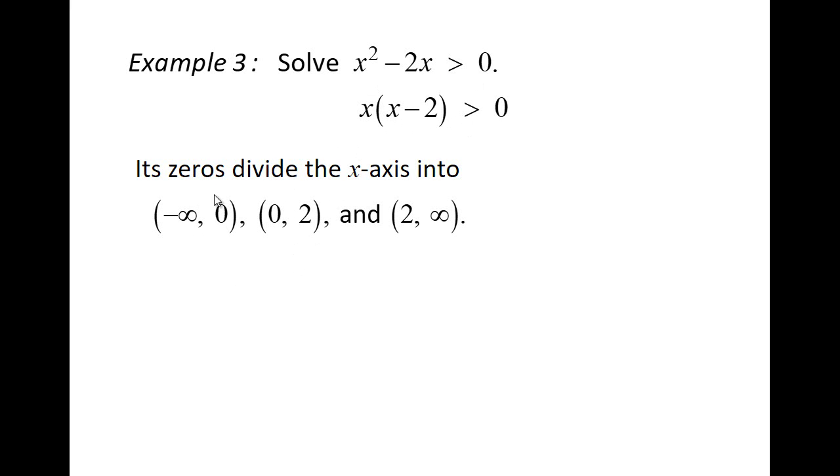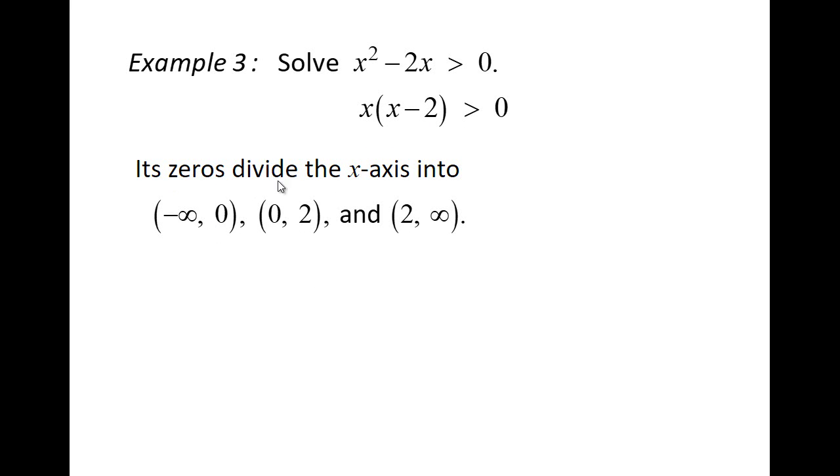So then the x-axis or the domain of this function can be divided into 3 subintervals like this. So we divide the number line at 0 and 2. We get these 3 subintervals. And now the polynomial has no zeros in each of these subintervals. So the polynomial doesn't change sign in each of these subintervals.